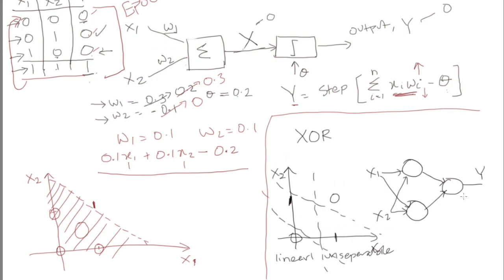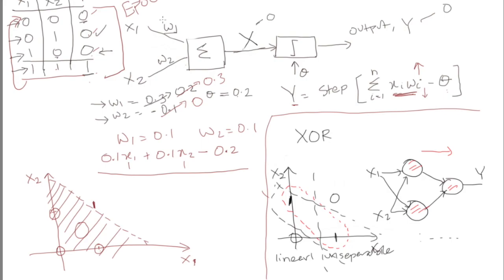So this will be able to solve the XOR problem. So as you increase the number of neurons and the number of layers of these neurons in your network, you're increasing the complexity of the decision boundary that can be learned to classify your data points.